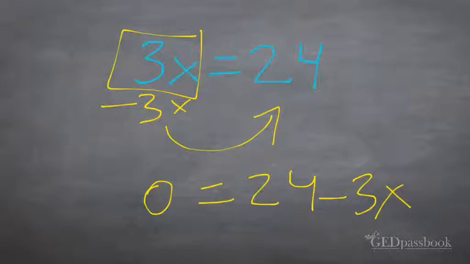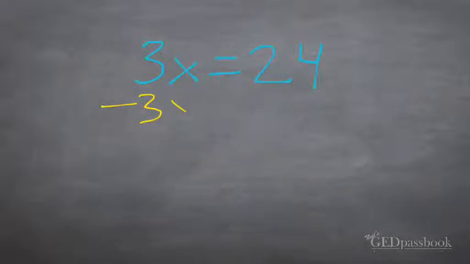And that's not what we're trying to do here. The thing is, the whole opposite trick, doing the opposite to the sign to the left, is only used to move the whole term.